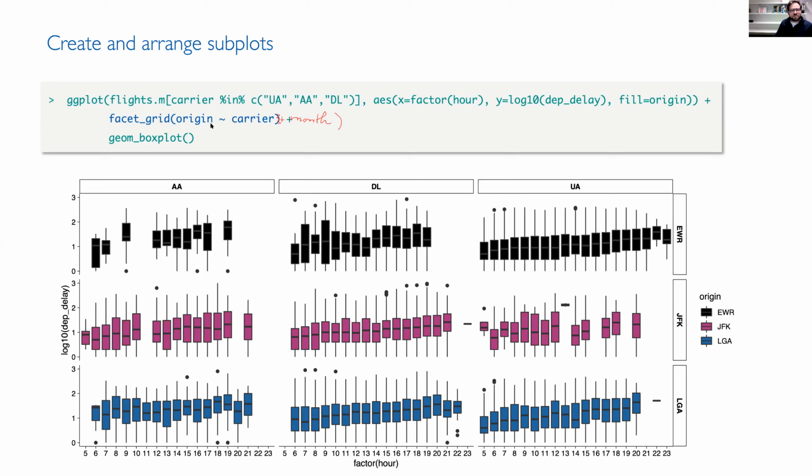If you do something like this, you can have a more complicated formula to say that a combination of carrier and month, these two columns, should be on the X direction here. And on the Y direction you have origin. Now you can construct more complicated grids of plots if you wanted to. Very often that's not very useful.